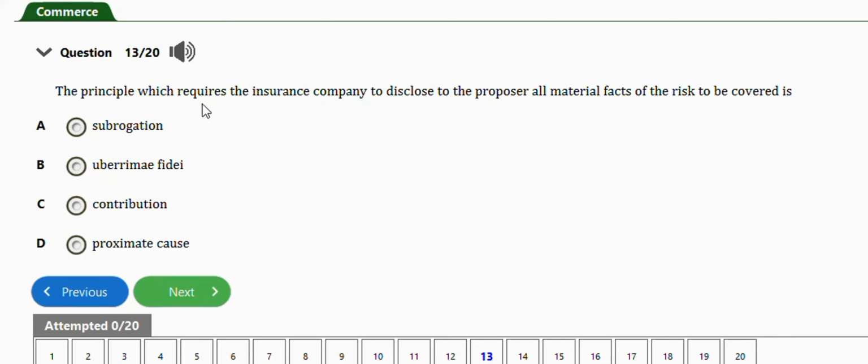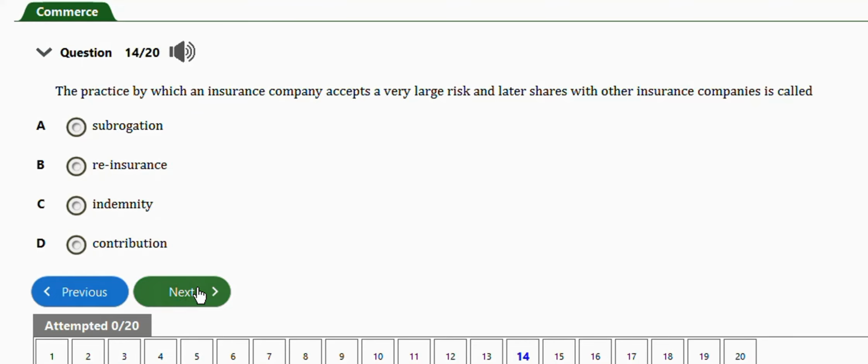Okay, next question is this one. This is the principle which requires the insurance company to disclose to the proposer all material facts of the risk to be covered. I think we're going to attempt a similar question. The right answer here is option B, which is Uberrima Fides. Alright, next question is this one.